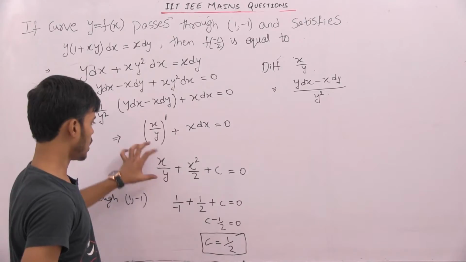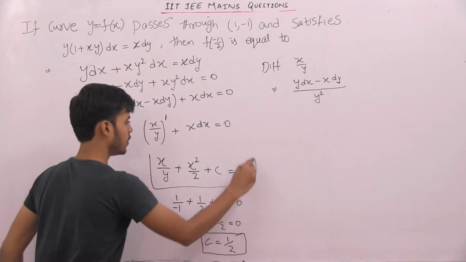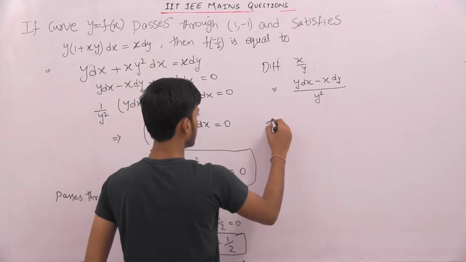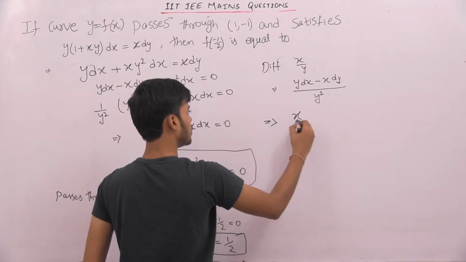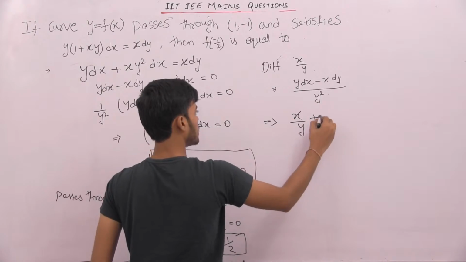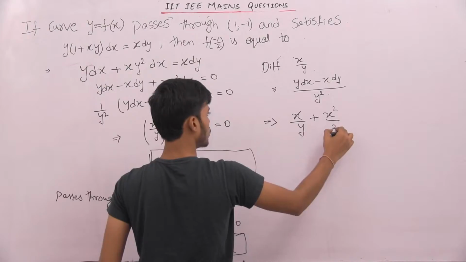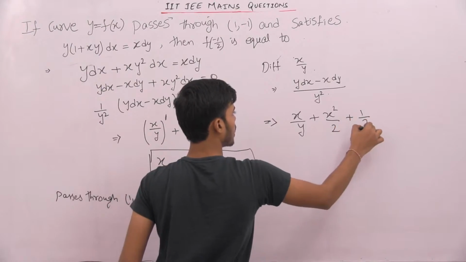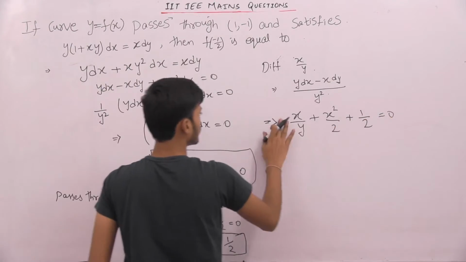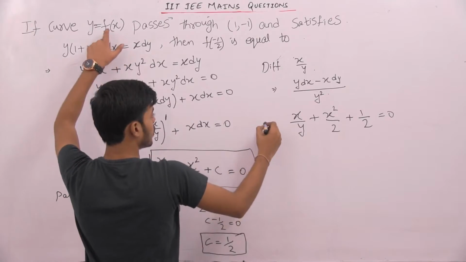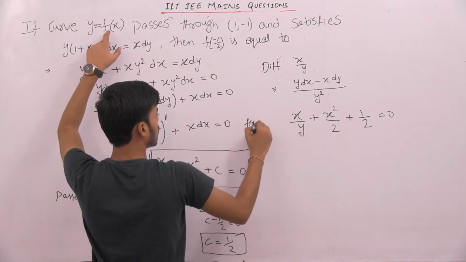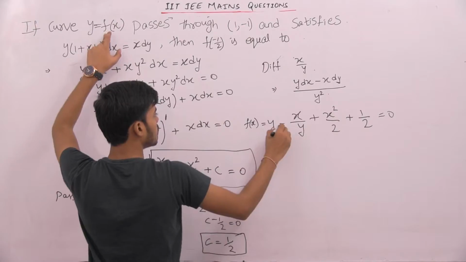So we put the value of c into the equation we derived, which is x by y plus x square by 2 plus 1 by 2 equals 0. This equation is f of x, or y to be precise.